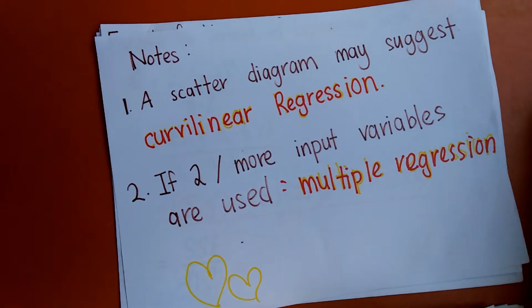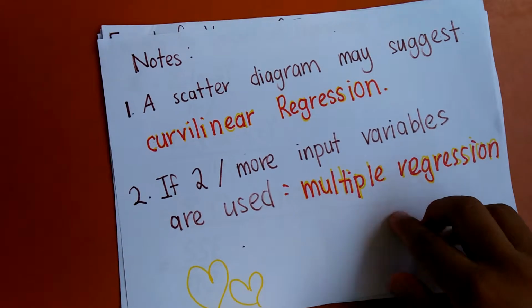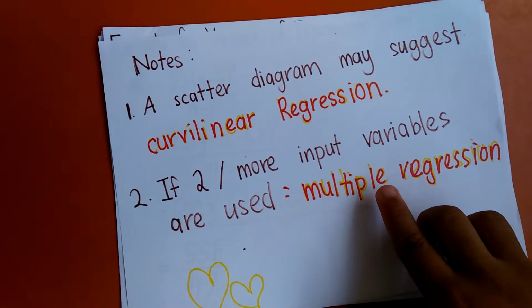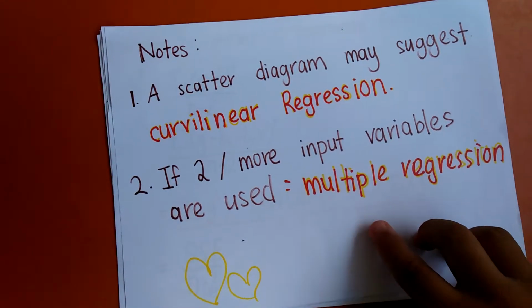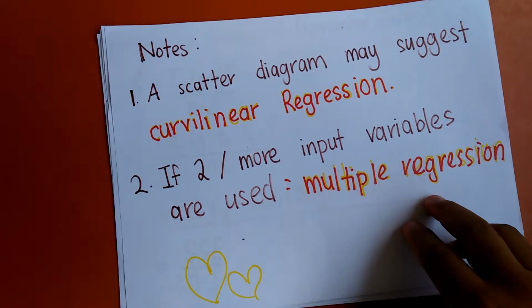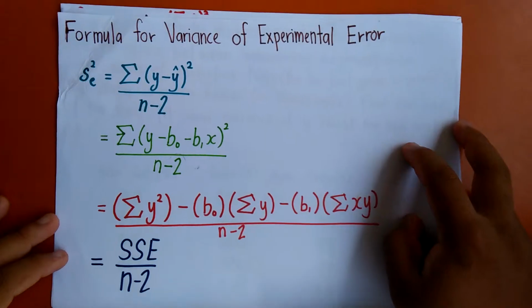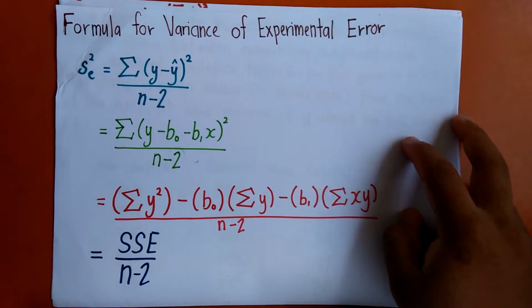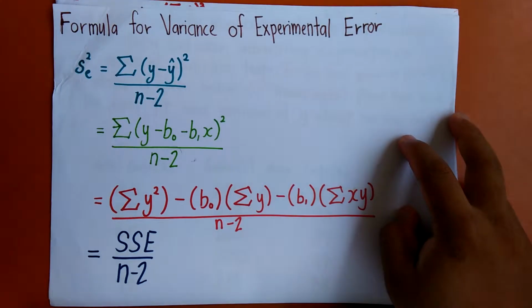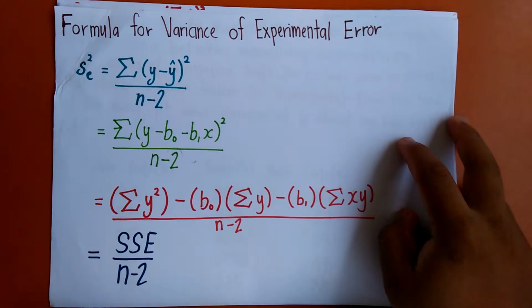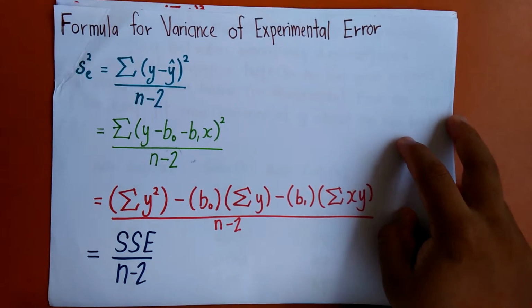You must note that a scatter diagram may suggest curvilinear regression, and if two or more input variables are used, it is called multiple regression. Next is experimental error. Experimental error is error that may occur in the execution of a statistical experimental design.